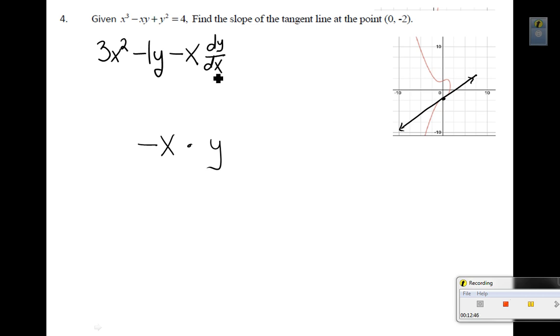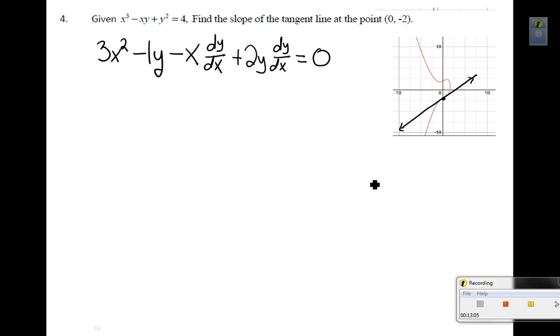So there it is with the product rule. But notice that there's a plus y squared that shows up now. So now I got plus 2y, and then another dy/dx. And we're going to set that equal to 0, because that's the derivative of 4.